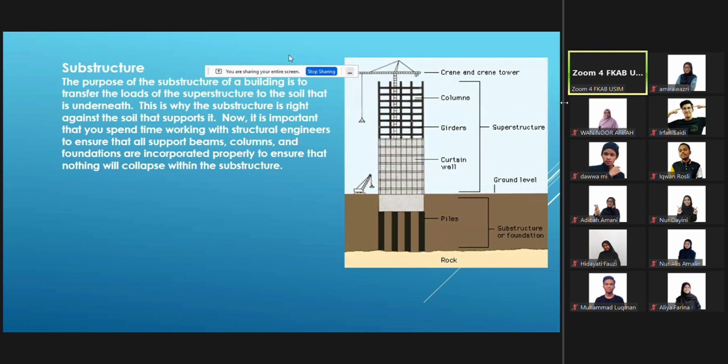Now it is important that you spend time working with structural engineers to ensure that all support beam, column, foundation are incorporated properly to ensure that nothing will collapse within the substructure. Substructure is something which happens below. I pernah tengok some of the videos that show the failure of the substructure where they had to demolish the whole building.